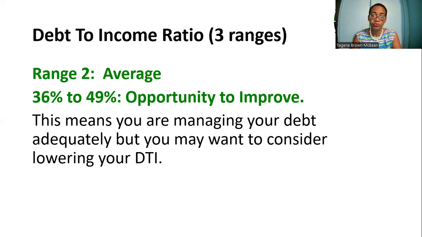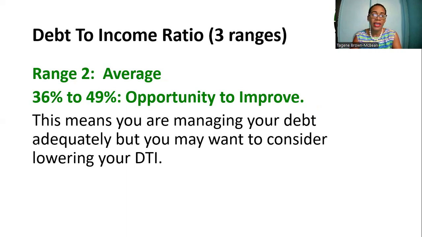Range 2 is average. And this is when you do your calculation and you are 36% to 49%. What this means to the financial institution is that you have an opportunity to improve.